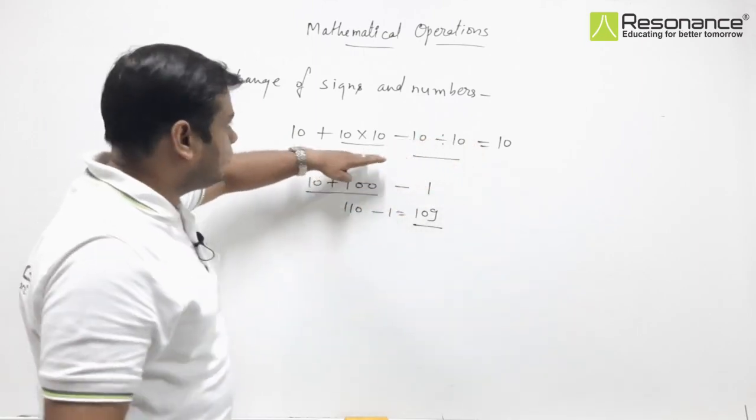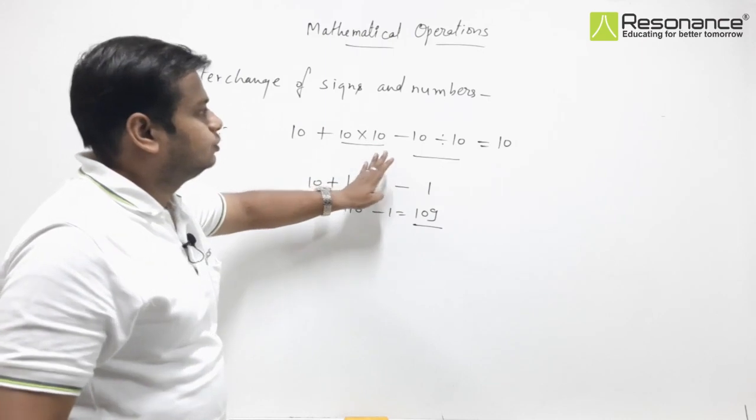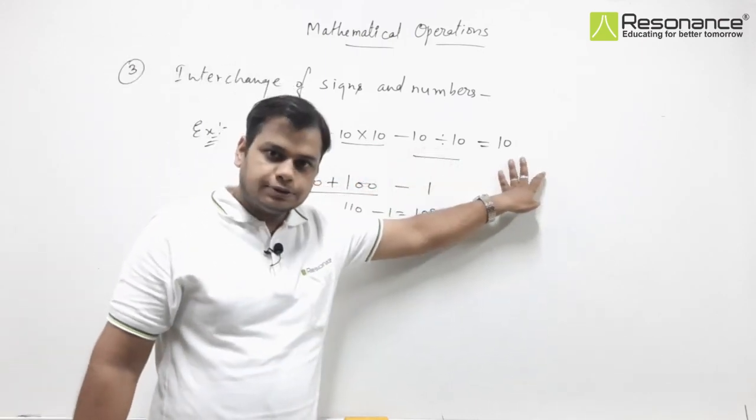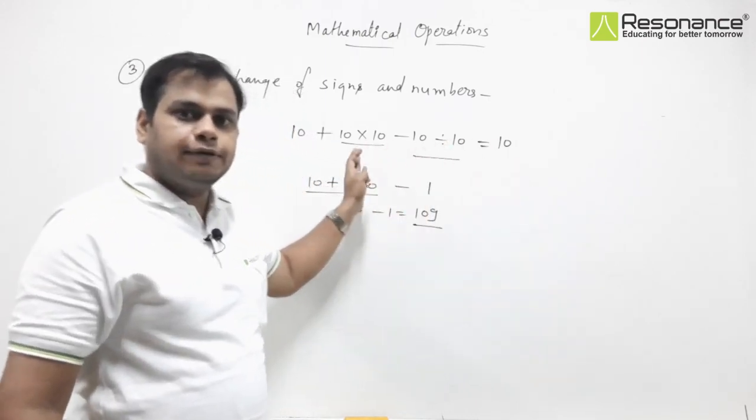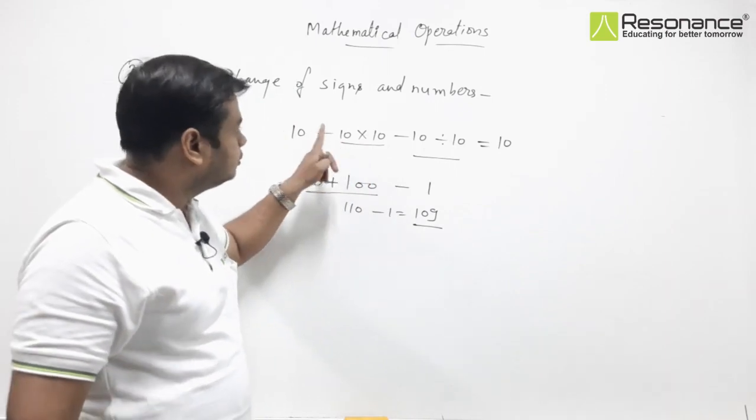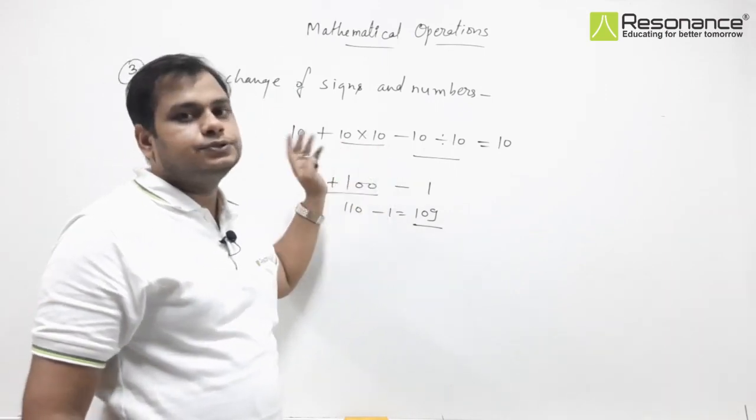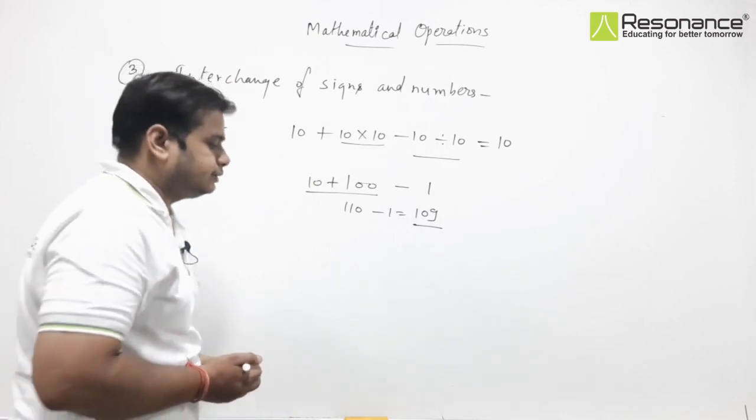So that means we have to interchange some signs so that we can get the correct solution. The solution is correct, the given equation is wrong. The signs are wrongly placed, so we have to interchange the signs.